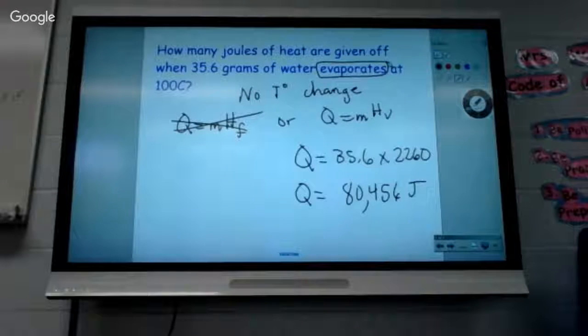Which one appeals to you based on what you've read? Condensing. Do you have a change in temperature? Does condensing go from solid to liquid or liquid to a gas? Which one?